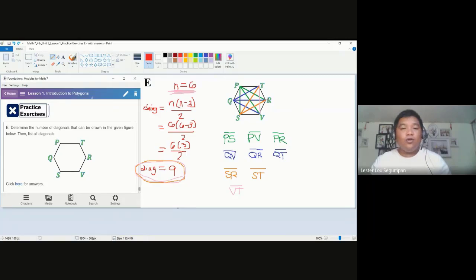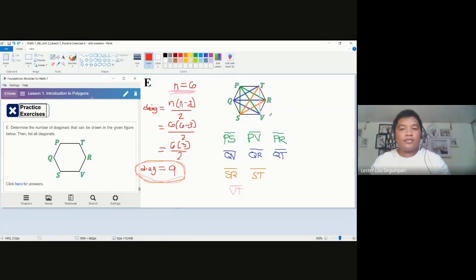In short, no more diagonals can be drawn from this vertex. And then if we proceed with T as our last vertex so that we complete our rotation, no need to connect with P and R because they are the consecutive vertices. TV is already given by VT, TS is already given by ST, and TQ is already given by QT.